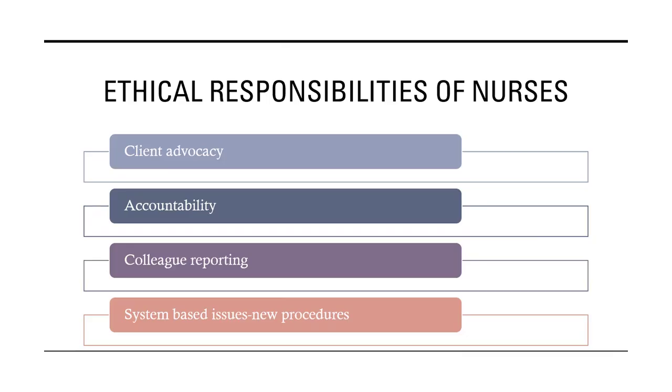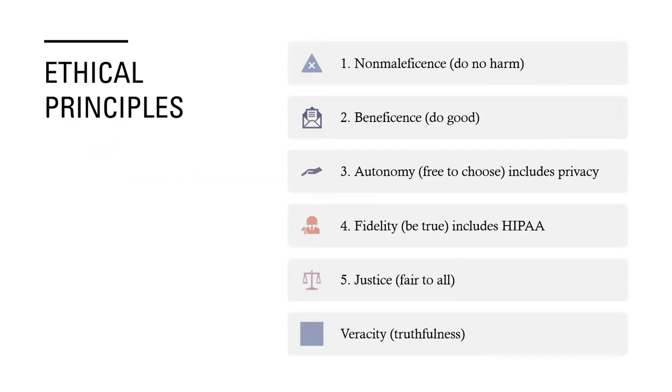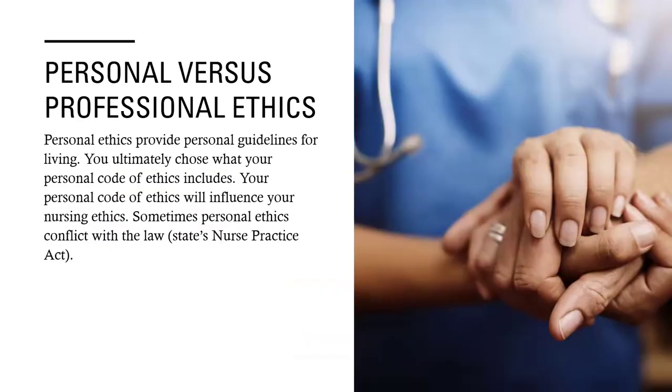Okay. Systems-based issues. We want to identify system-based issues. This is going to be essential in providing safe, high quality care. Because if something's going wrong with the process that we have in place, we need to go ahead and identify that and do something about it. Let me go back to this personal and professional ethics. Sometimes, because of this, we might experience moral distress.